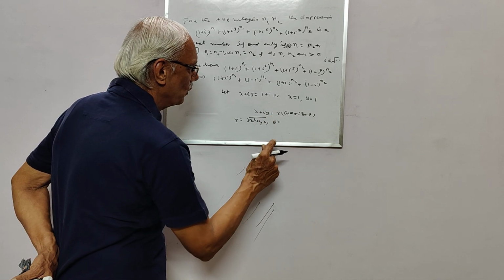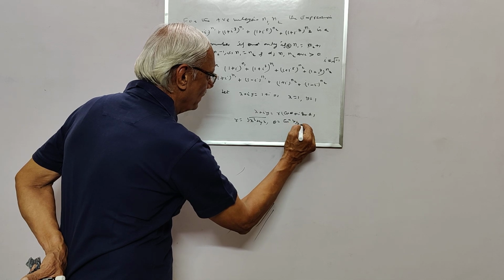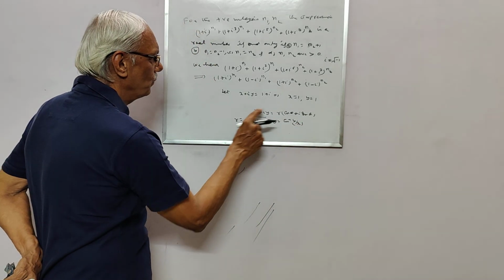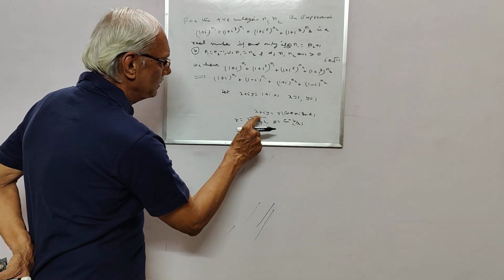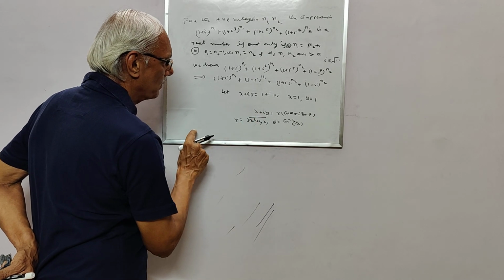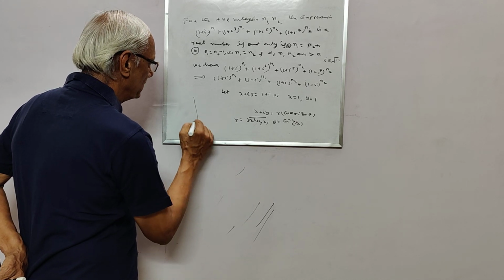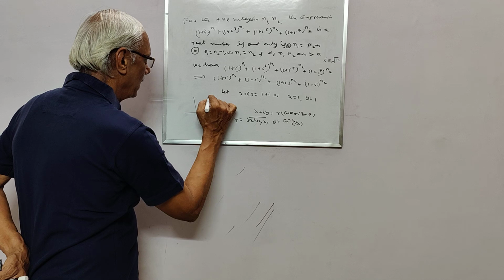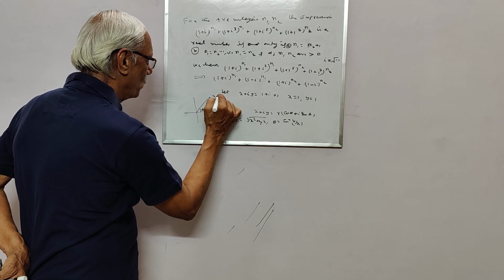Theta is nothing but tan inverse of y by x. So here how will you get this? For example, if you take this number x plus iy, here you have got your theta and this is your xy coordinate.